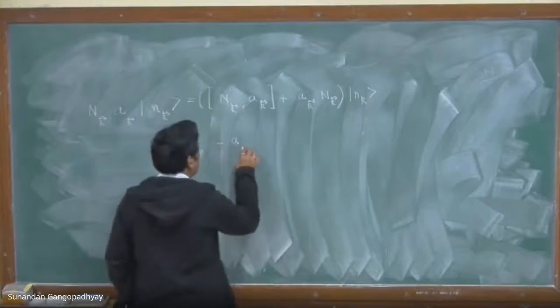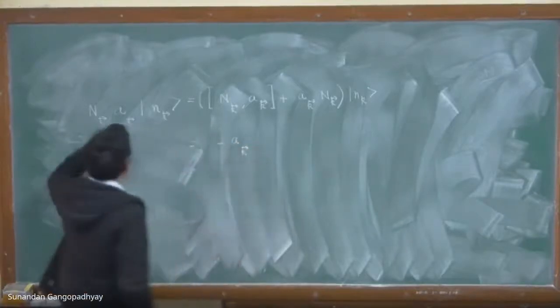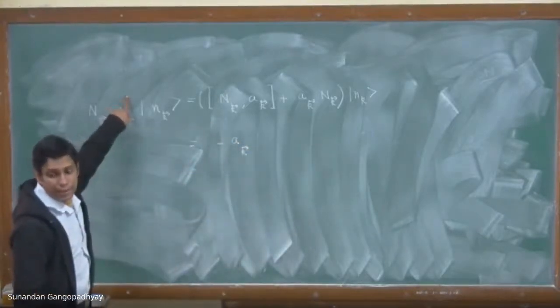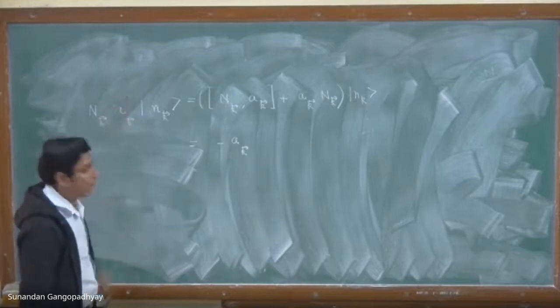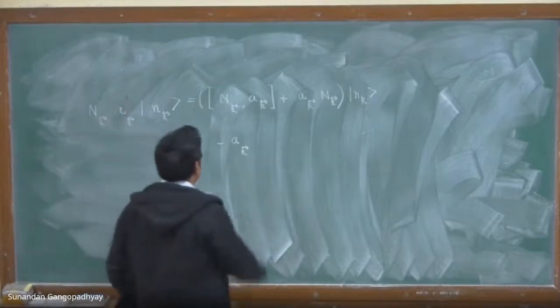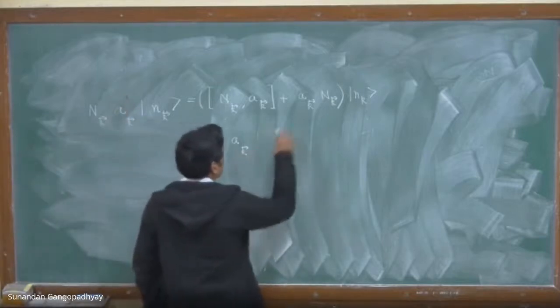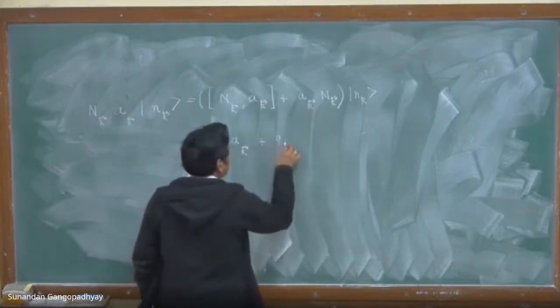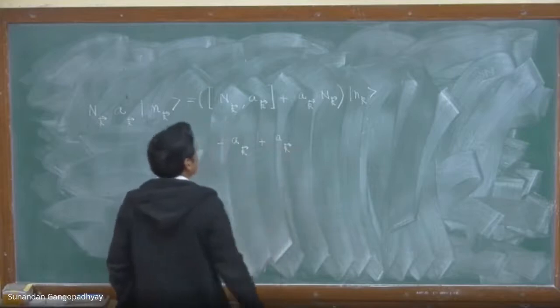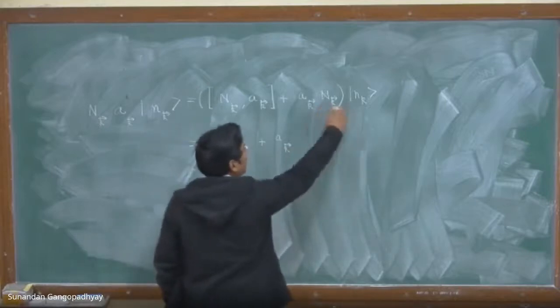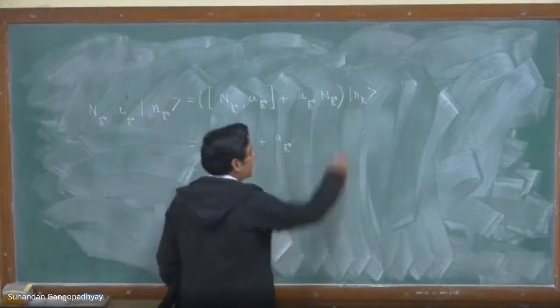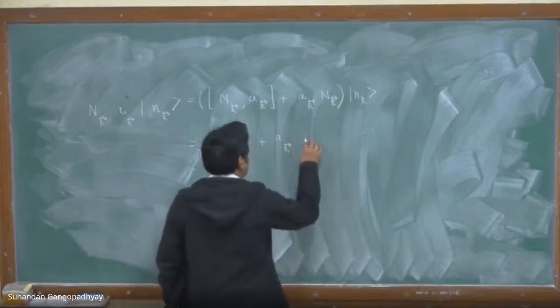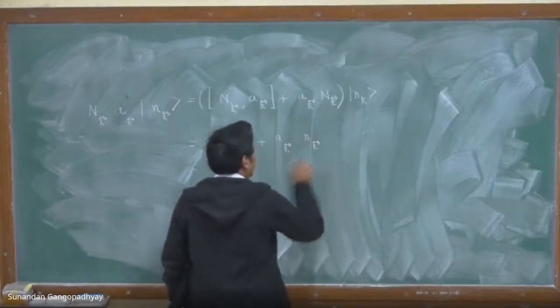Actually, in the previous class, we worked out the A dagger case, but now we are using the AK case. So this is minus AK, and this will give us AK, and Nk acting on small nk, this state, will give you the eigenvalue nk.